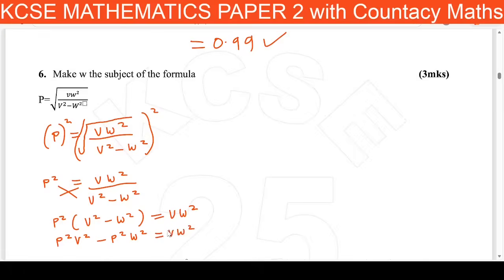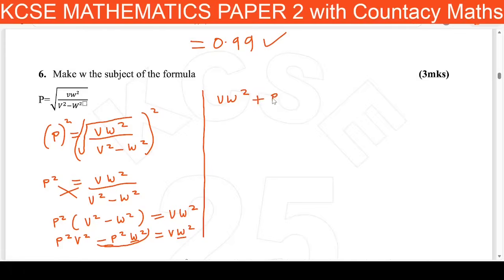So what do we do next? We have got a w here and a w here. So the next thing that we try to do is to put these terms together. Therefore, we are going to take all these terms to the other side, such that we remain on this side with v w squared like that. But when this crosses the other line, it must become a positive.